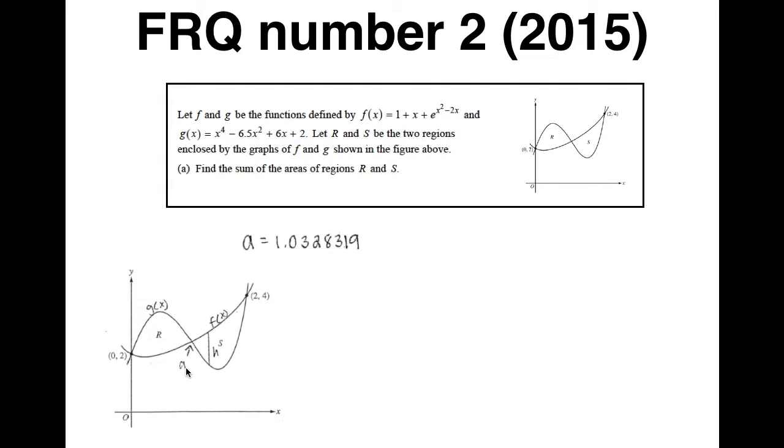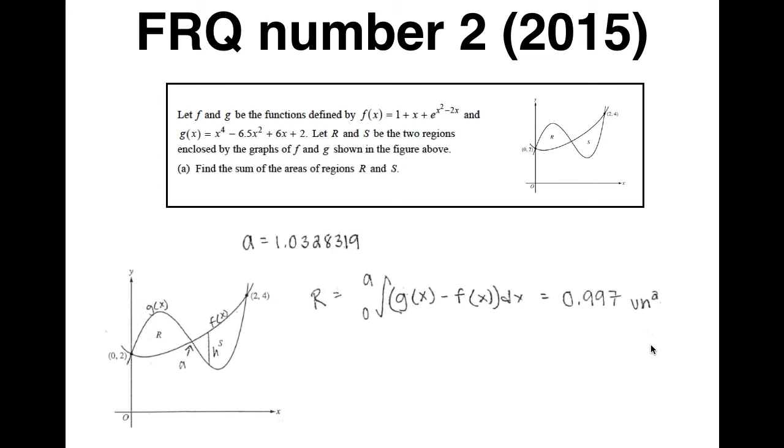That student also indicates the value a. It's not mathematically correct. This is a point, so it should have 2 coordinates, but we get the idea. This is the x value of the point of intersection. This h here that you see is actually something that is related to question C.